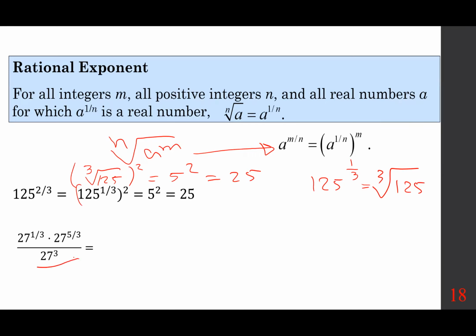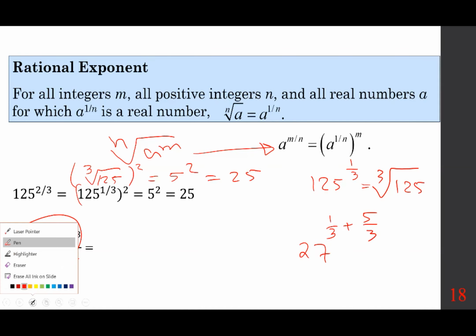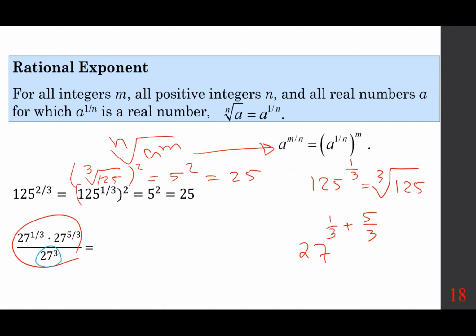I hope you realize one easy way in one shot, you can say 27 to the power of 1/3 plus 5/3 minus 3. Why? Because 27 cubed is in the denominator. So 1/3 and 5/3 is 6/3 or 2. So 27 to the power of -1, which is 1 over 27. This is the way I would do that, just fast.